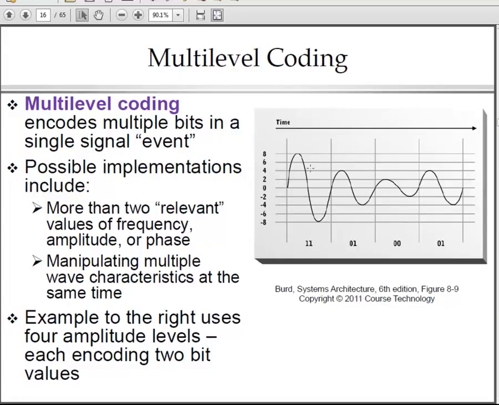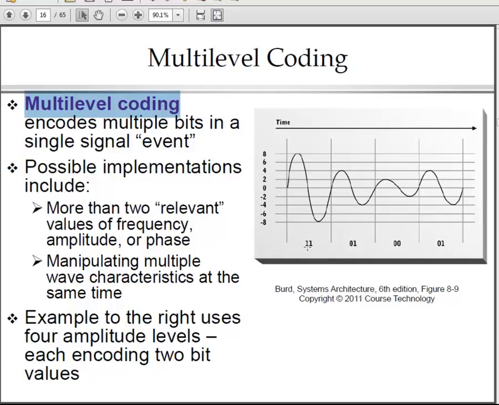And one way to try to squeeze more data through one of these channels is to use a technique called multi-level coding. And the idea behind multi-level coding is this: in a single signal event, or 1 wave cycle, rather than encoding just 1 bit value, how about 2 or 3 or 5 or 1500?